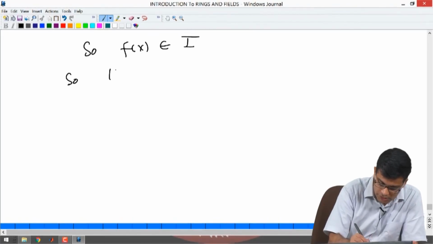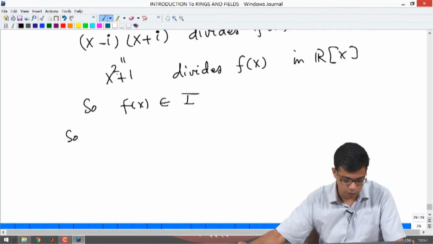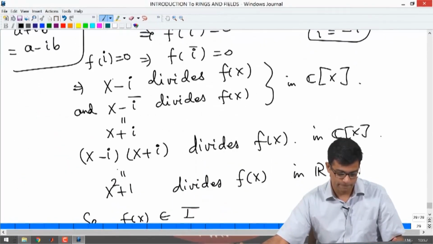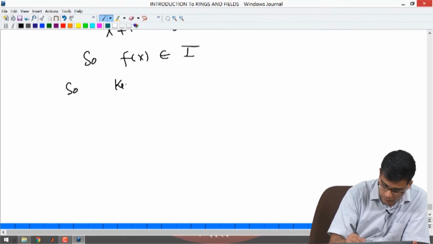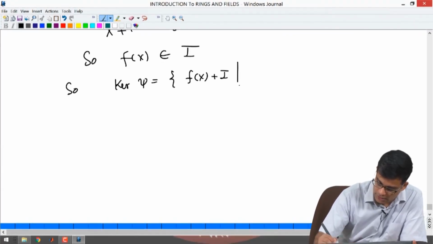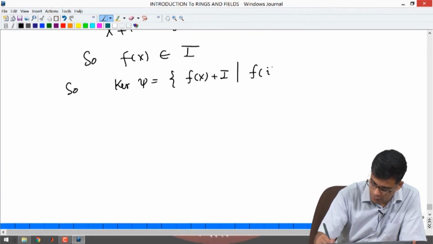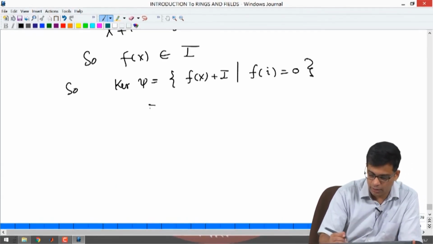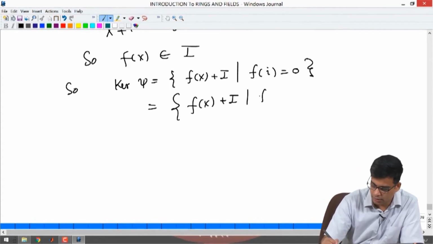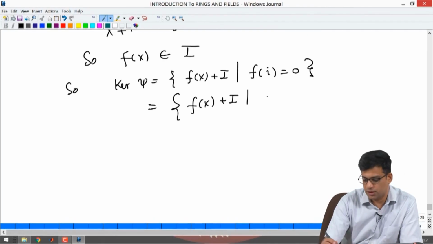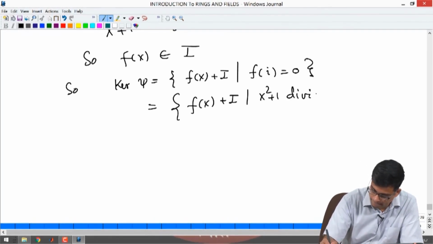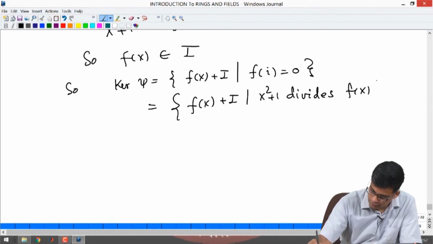So, what we have just shown is that kernel. So, let us go back here. What we have shown here is, the kernel of psi is things that are of the form f of x plus I, such that f of i is 0. But then this calculation tells me that f of i is 0, f of minus i is 0, which means x squared plus 1 divides f of x.